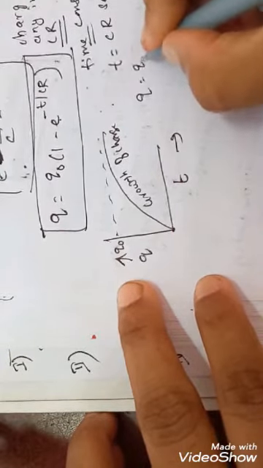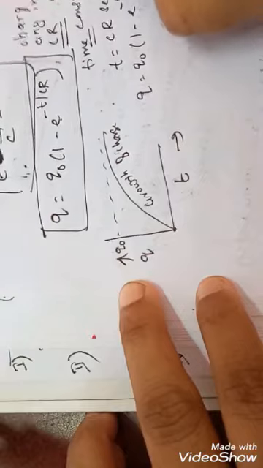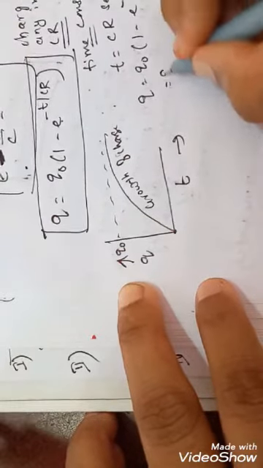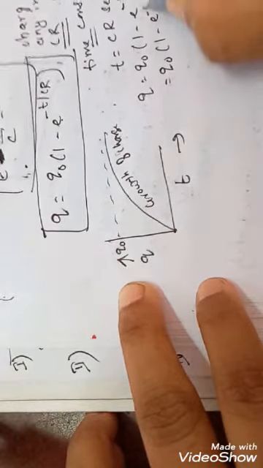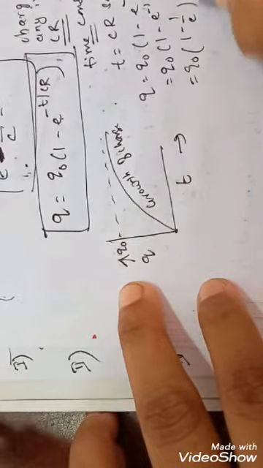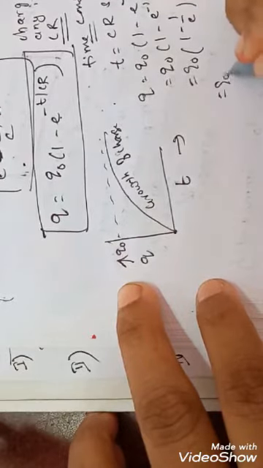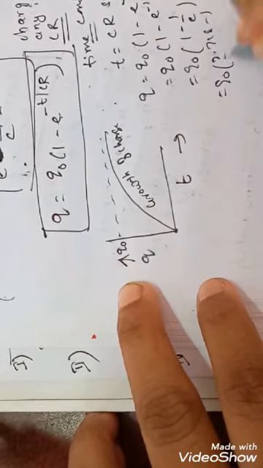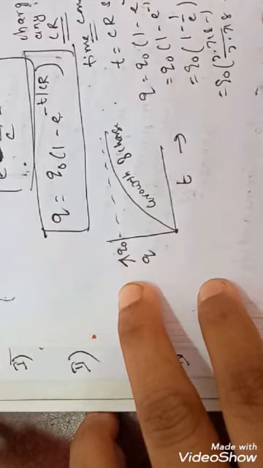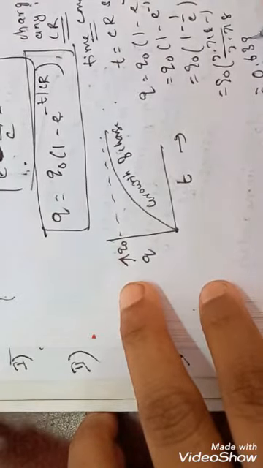What does the equation become? Q naught (1 minus e to the power of minus CR by CR), that is equal to Q naught (1 minus e to the power of minus 1), Q naught (1 minus 1 by e), Q naught (e minus 1) by e, Q naught (2.718 minus 1) by 2.718, and the answer comes out to be 0.63 Q naught.